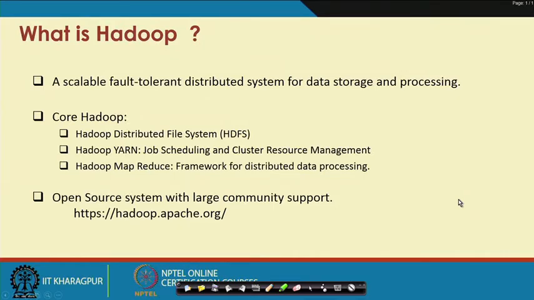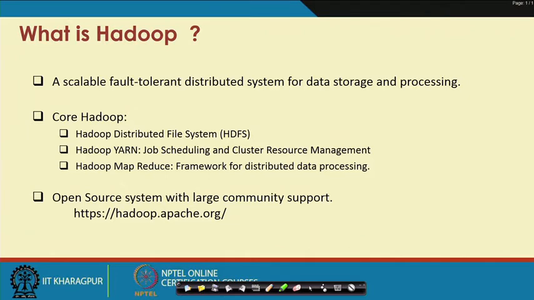Just to recall, what is Hadoop? Hadoop is a scalable, fault tolerant and distributed system for data storage and processing. As discussed earlier, the core Hadoop has 3 very important components. The first is the Hadoop distributed file system component, which is responsible for storing data in a distributed manner and also making this data available.